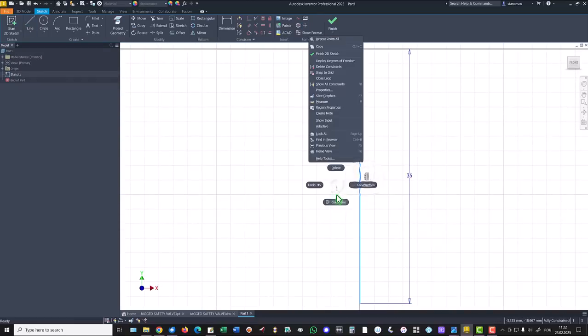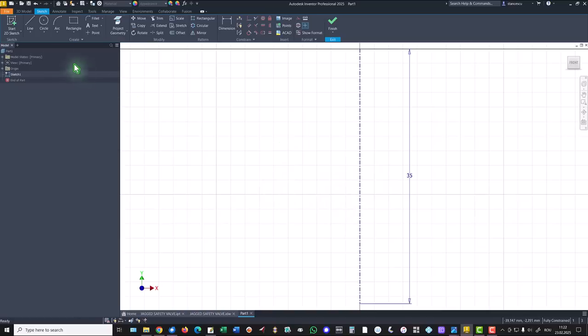This is a center line. Then we draw other lines.